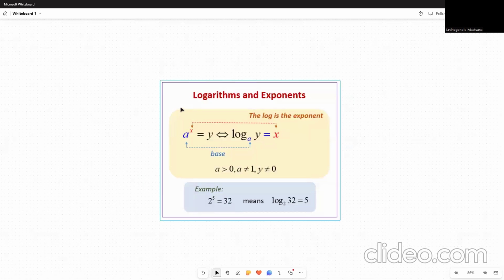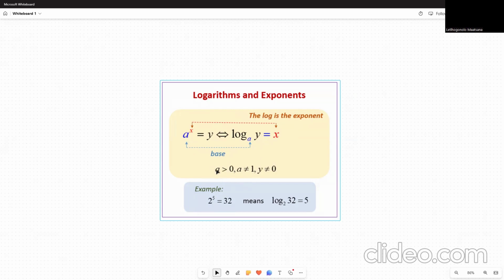When it comes to logarithms and exponents, remember we can change from an exponent equation to a log equation over here, where your a becomes your base. So this is your base, it comes from there, and then you're solving with regard to x, and y now becomes your input.